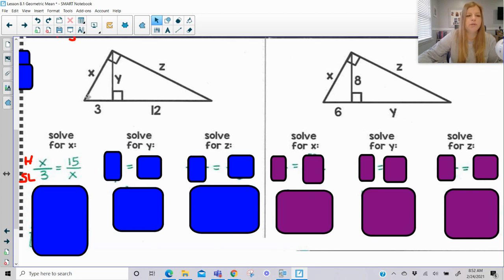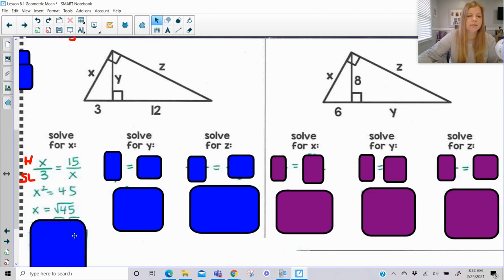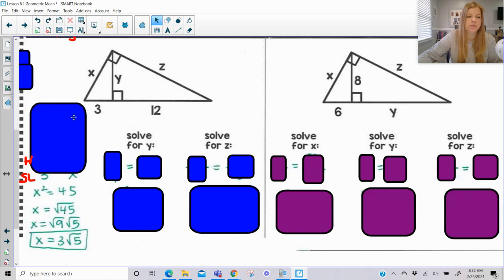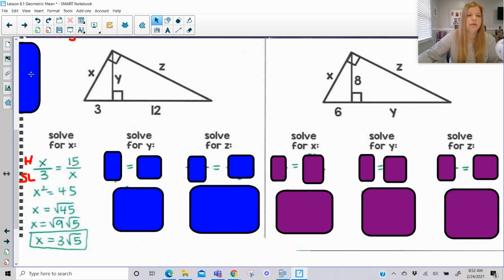So hypotenuse over short leg of the little triangle is equal to the entire hypotenuse of the big triangle over that same short leg. Then I would use my cross products. So we're always getting the positive square root, simplify our radical, and you end up getting 3 radical 5.